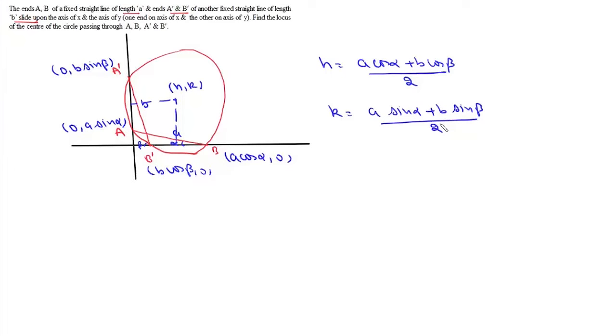Now here we have to eliminate alpha and beta. And here we have one more thing to help us, and that is these 4 points A, B, A dash, B dash are concyclic.